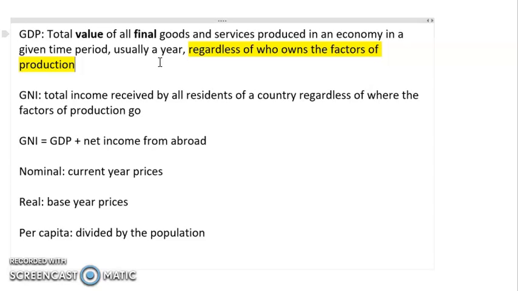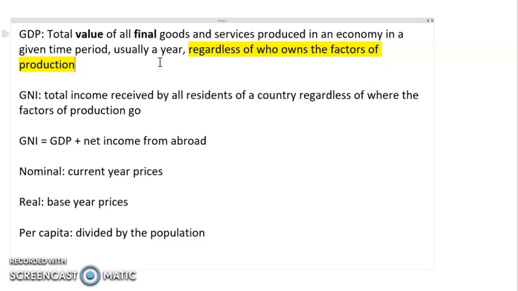So you are producing goods or services with their labor. Say they're a mechanic, right? You're building a car, or repairing a car, which is a service. You have that from someone who does not live in that country, but it is still going towards that country's GDP. So GDP does not care about who gives the factors of production to produce those goods or services.